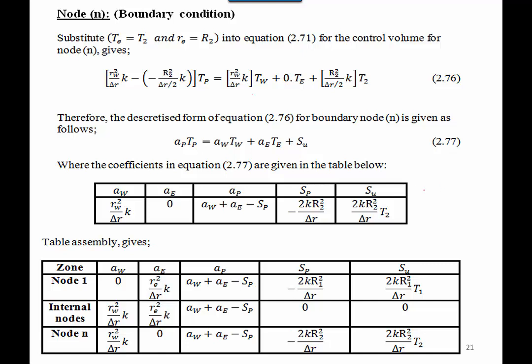Therefore we will have 3 tables, and when we assemble them we have the general assembly table for this problem.